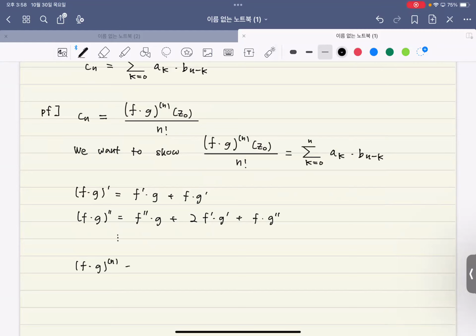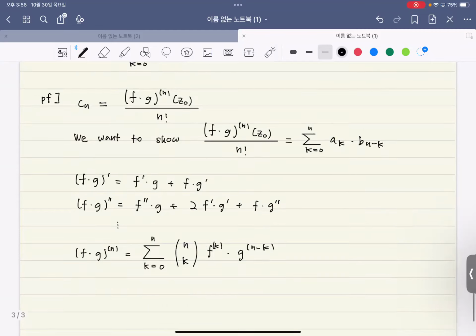The nth derivative is the sum from k equals 0 to n of n choose k times the kth derivative of f times the (n minus k)th derivative of g. How do I know that? You can easily find out using mathematical induction, which is not interesting. And I guess we are done.